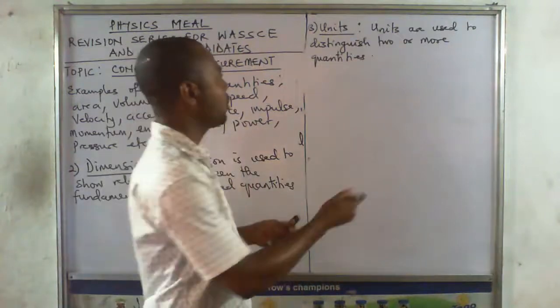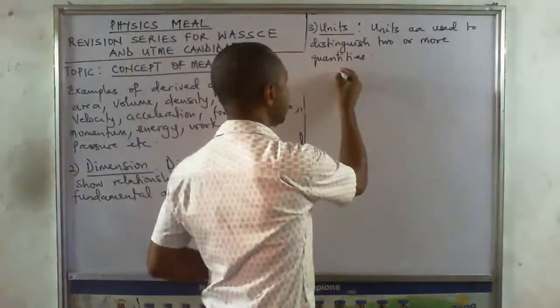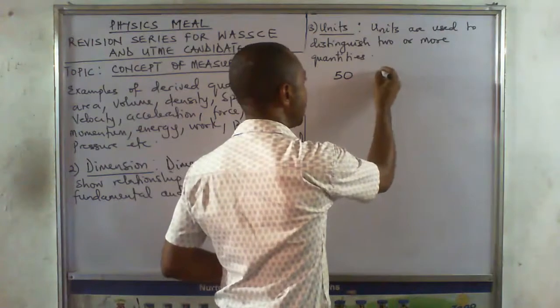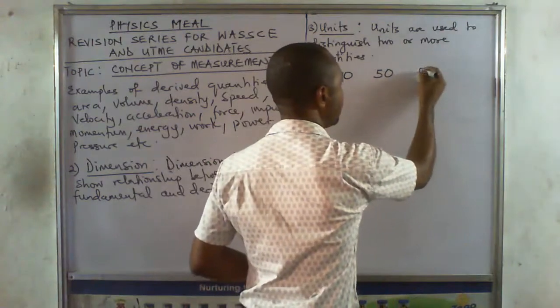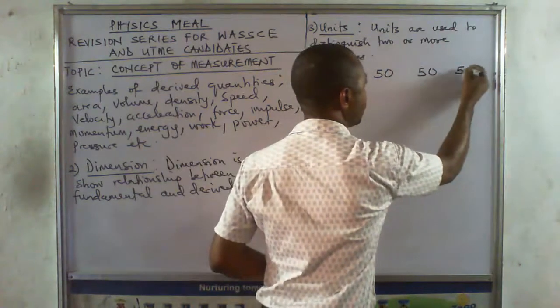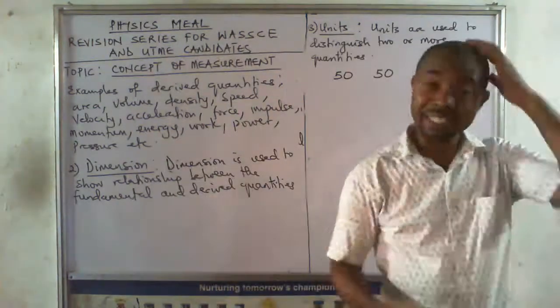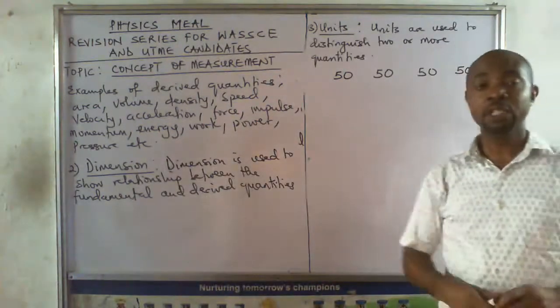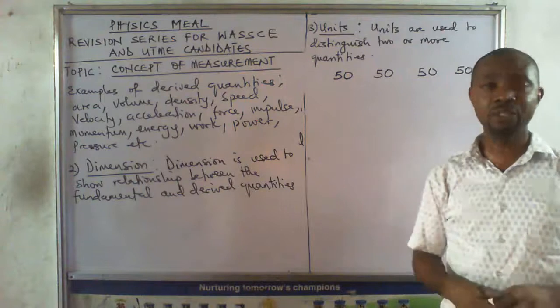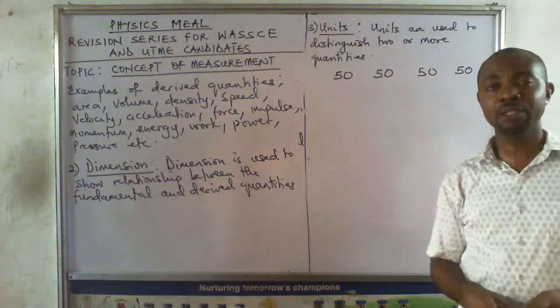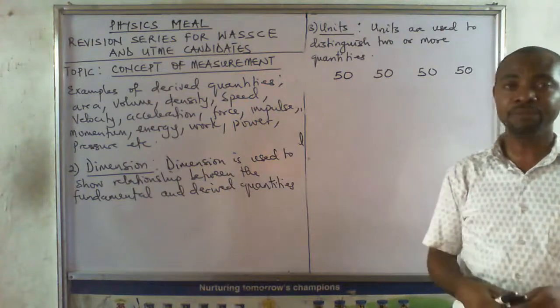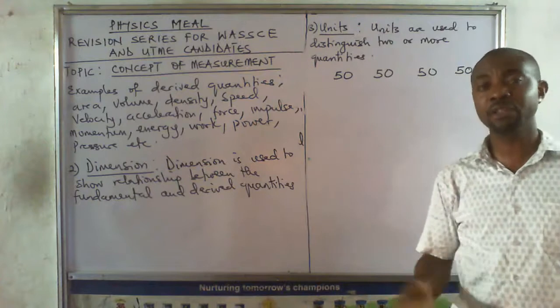Let's explain this further. Supposing I just write 50. Or maybe I entered the classroom and I started shouting 50. The students will be surprised. They say, "Sir, what are you talking about?" I say 50. They say 50 what? I say just 50.